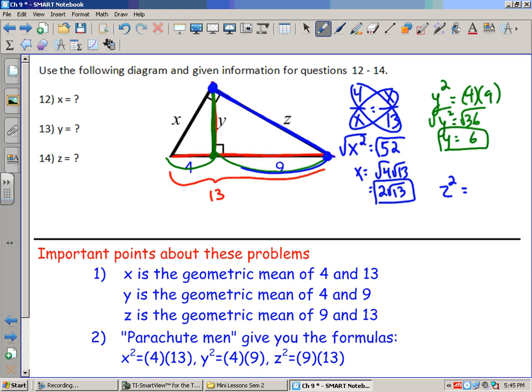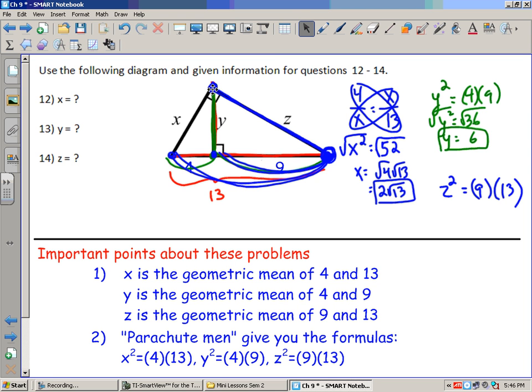I can either go a distance of 9, or I can go the full distance. I can't go from here to here, because I'm not at that point when I land. I land right here. I can either go 9, or I can go the full distance, 13. So that's why it's 9 times 13. You can finish that and find the answer, but I'm going to move on.